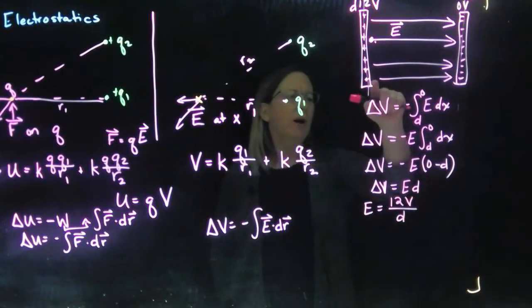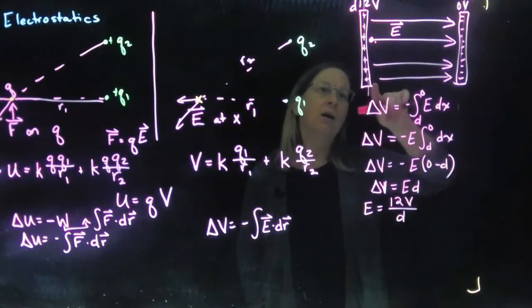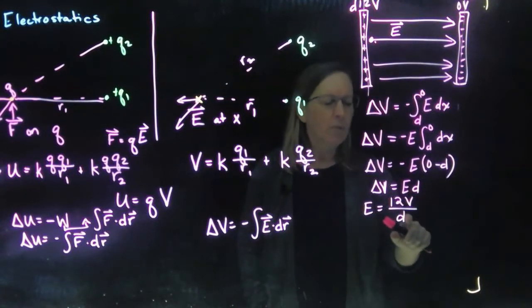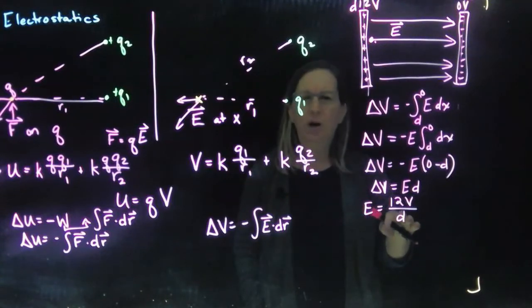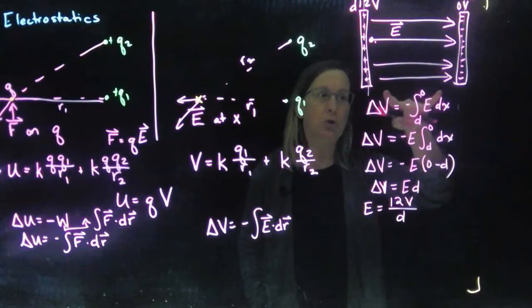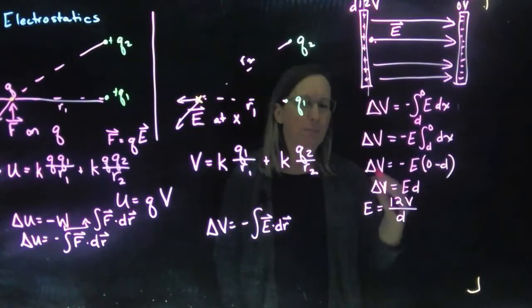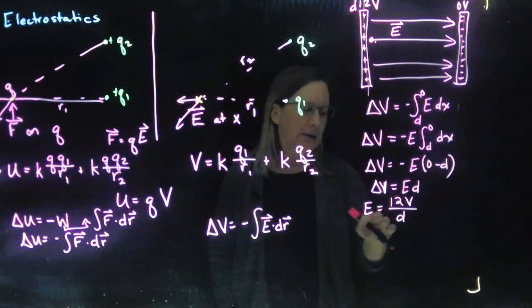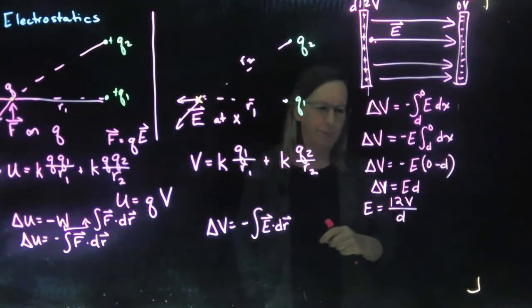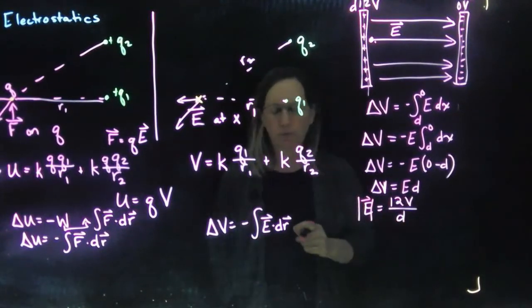So if we have a uniform electric field and we know the voltage, which is this setup, then we can calculate this fairly easily. If this is 10 centimeters, this would be 120 volts per meter. That would be the right units for the electric field, so this would be the magnitude of the electric field.